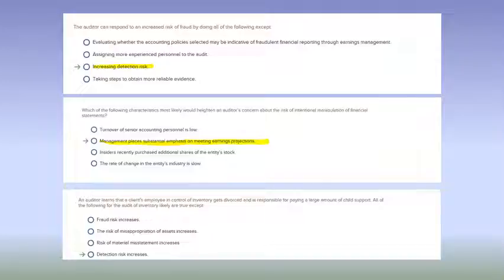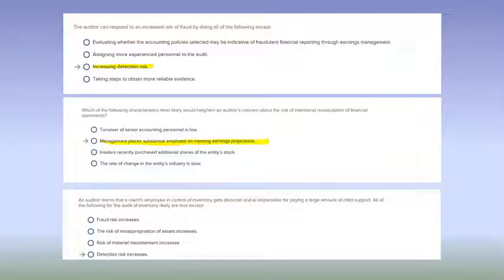These others, turnover of senior accounting personnel is low. That's probably a good thing, although it could be an indication that maybe there's someone there that might have a rationalization attitude. But we would look to see that those individuals are taking the appropriate vacations, etc. But the one that was going to really heighten the auditor's concern is this emphasis on meeting earnings projections.